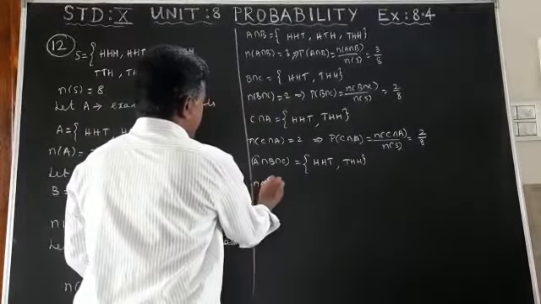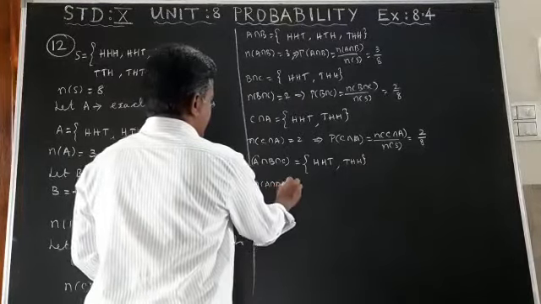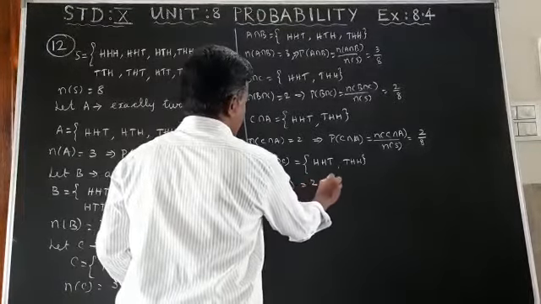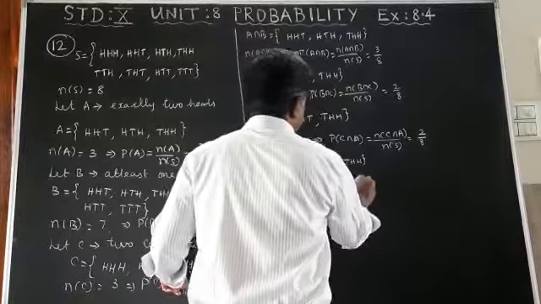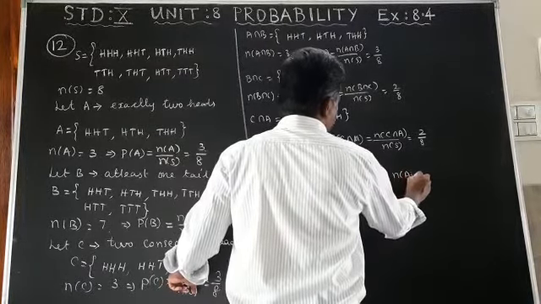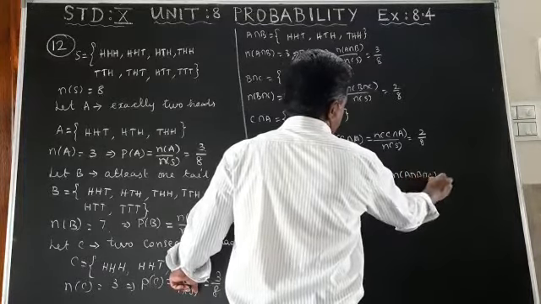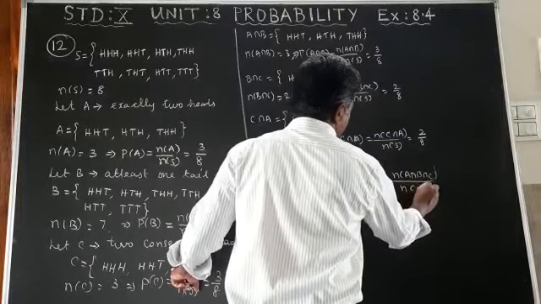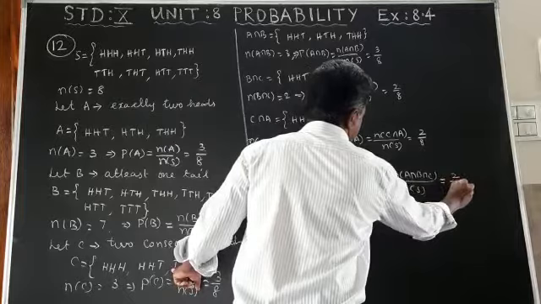So n of A intersection B intersection C is equal to 2. P of A intersection B intersection C is equal to n of A intersection B intersection C by n of S, 2 by 8.